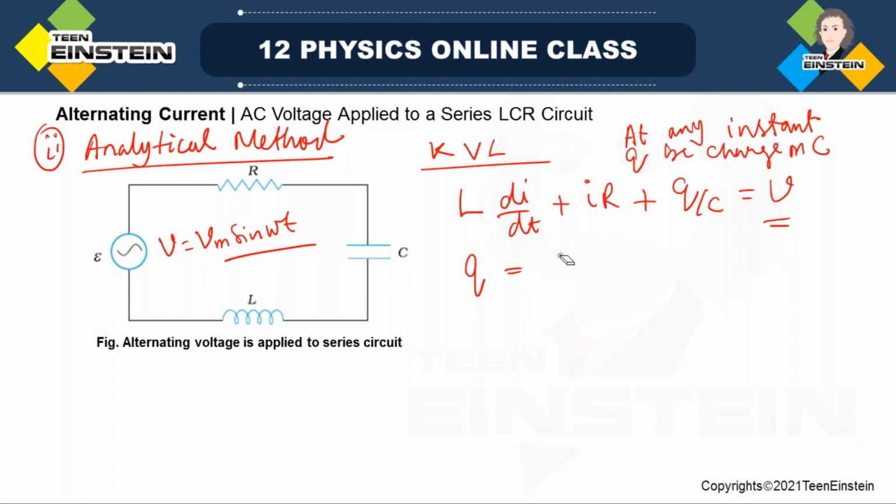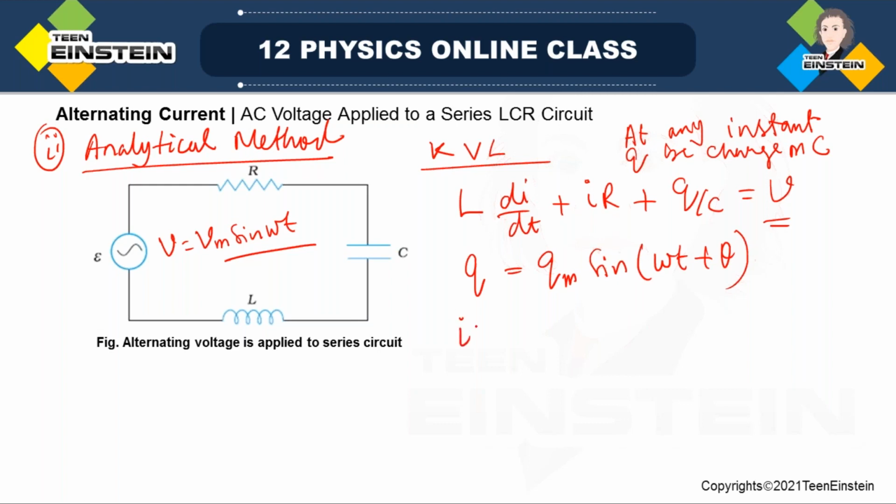So we take arbitrarily that the charge at any instant of time is Q equals Qm sin(omega t plus theta), where Qm is the amplitude of the charge.